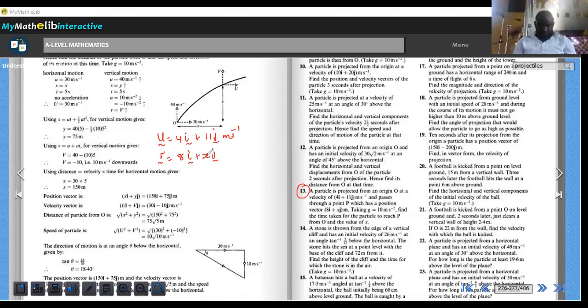Find the time taken for the particle to reach P from O and the value of x.